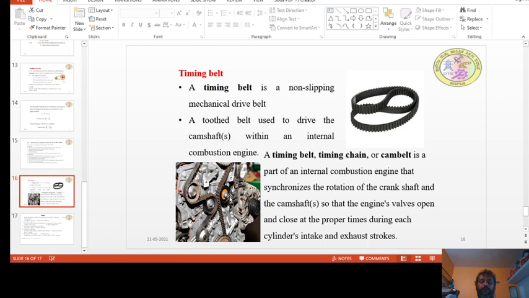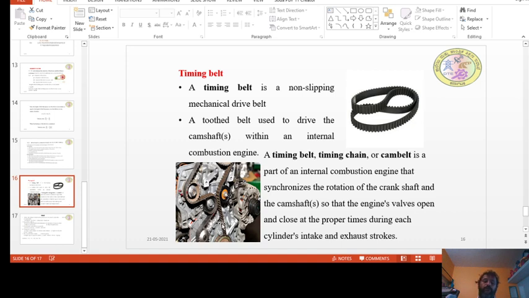Why? Because you cannot position the various components of the IC engine to make all the pulleys come in a horizontal line or vertical line. The position of the pulleys depends on so many other factors, which we cannot design to bring the pulleys in line.